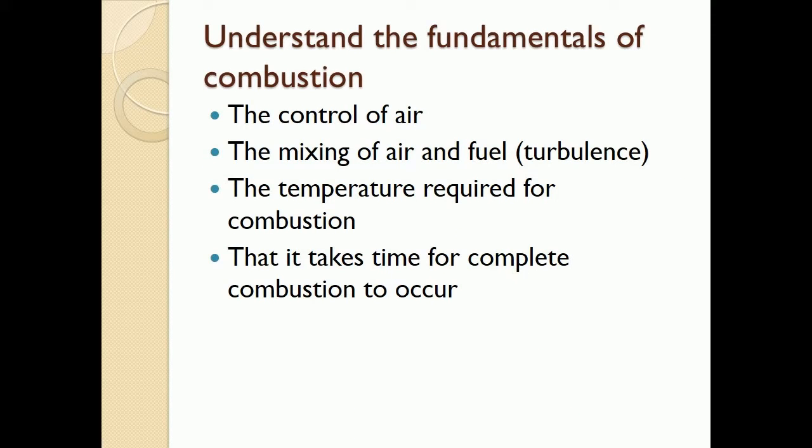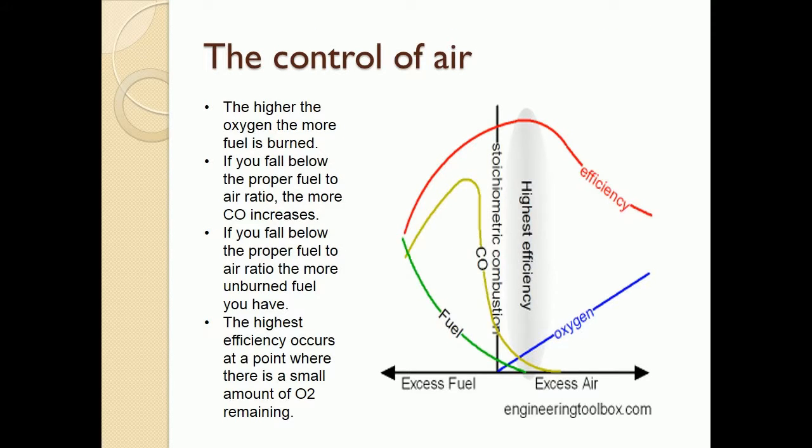The fundamentals of combustion include the control of air, the mixing of air and fuel, turbulence, and the temperature required for combustion. That it takes time for complete combustion to occur. The air has to be controlled with the proper amount of fuel.